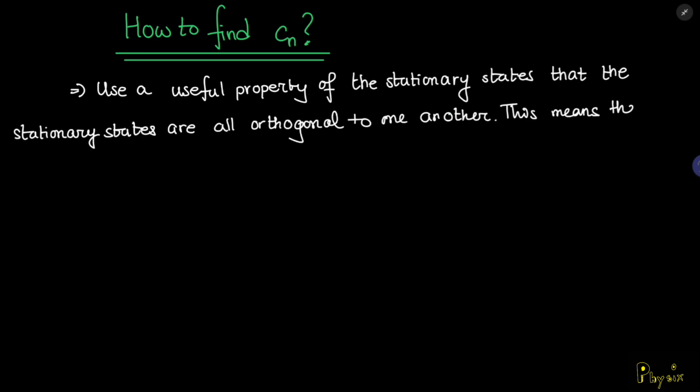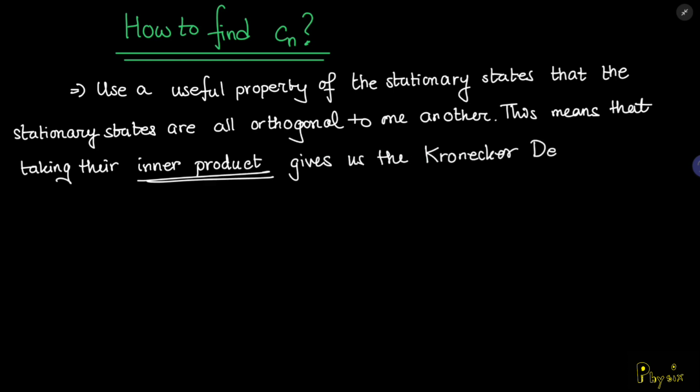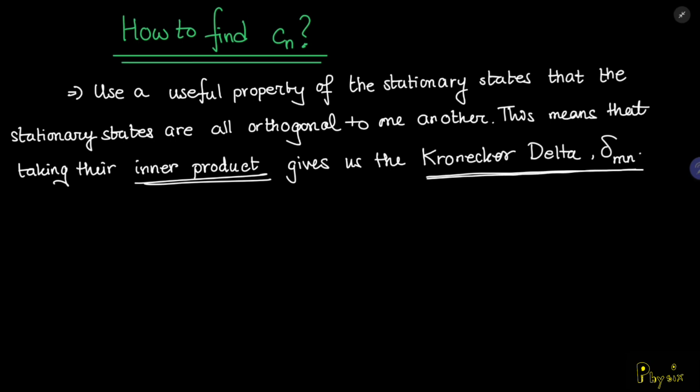This basically means that taking the inner product of the stationary states with each other gives us the Kronecker delta function. The Kronecker delta is defined such that it is 0 at all points where m is not equal to n, but it is 1 where m is equal to n.